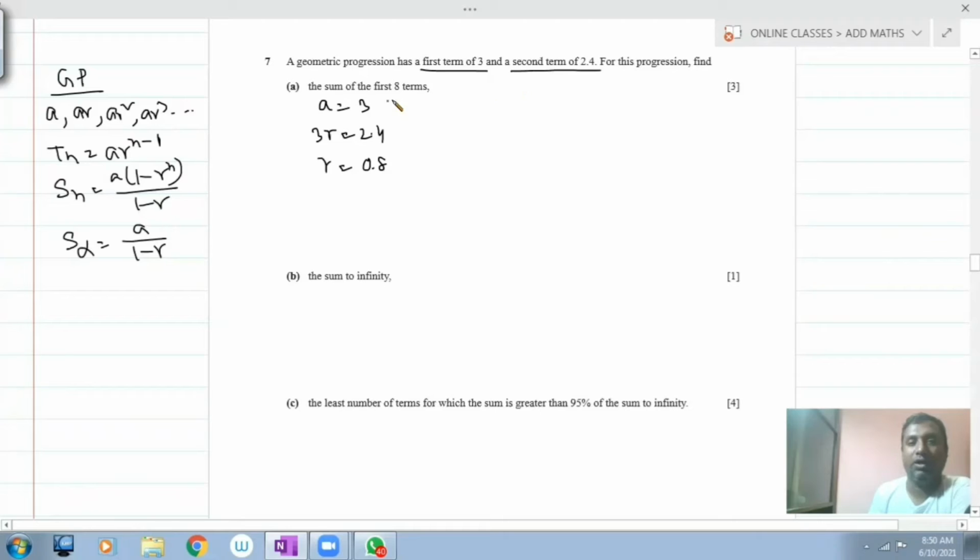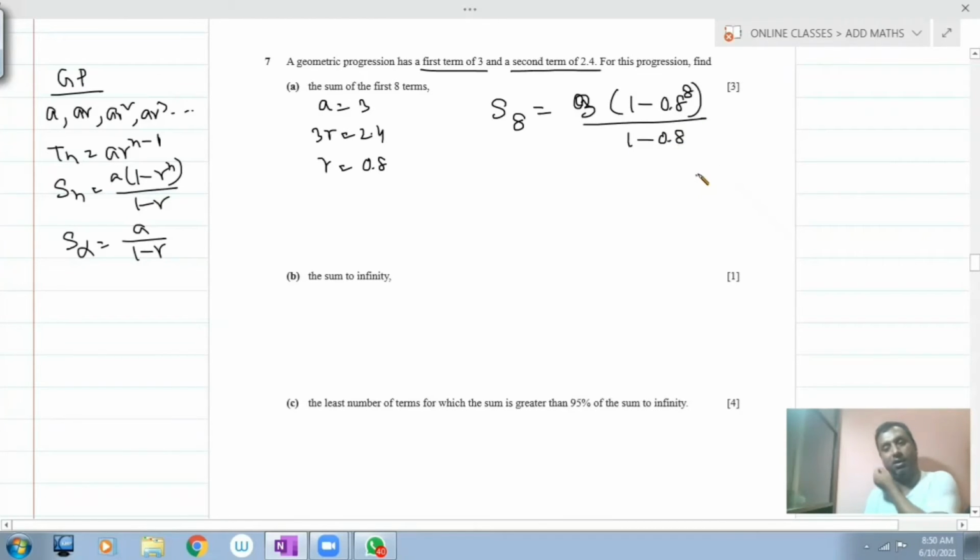So when we are finding the sum of the first 8 terms, we write S8 equals A, which here is 3, times (1 minus 0.8 to the power 8) divided by (1 minus 0.8). Now let us simplify this. The denominator becomes 0.2.